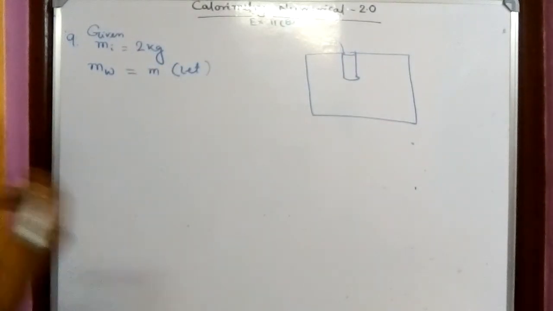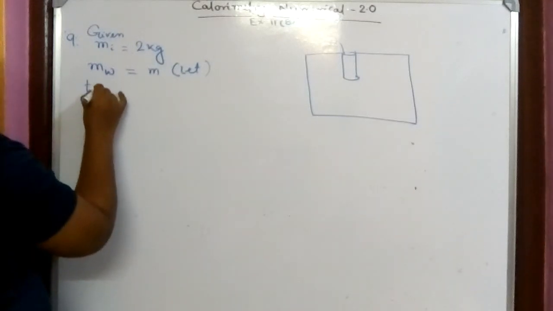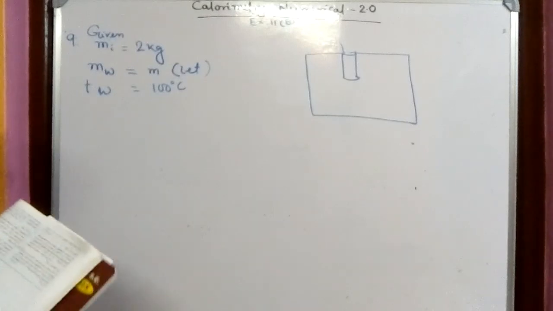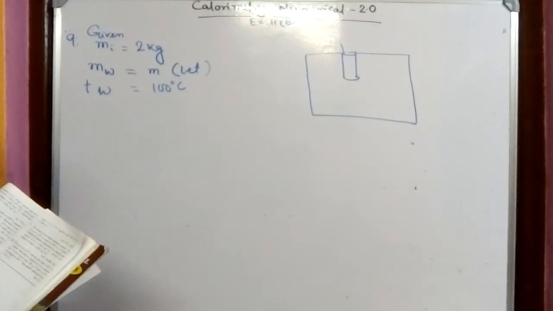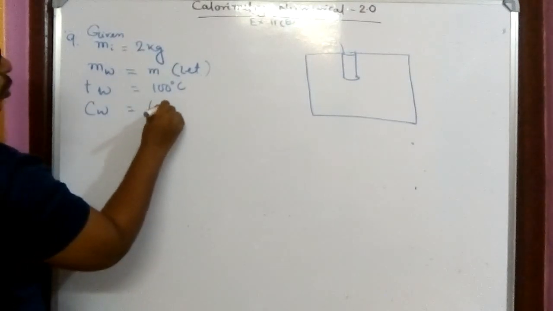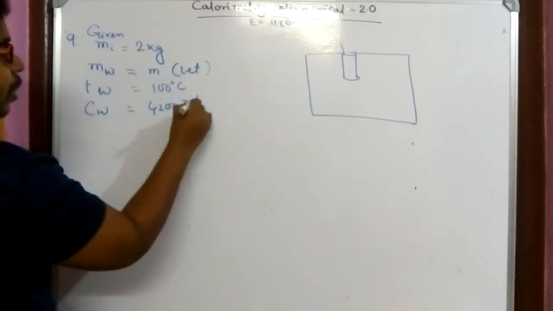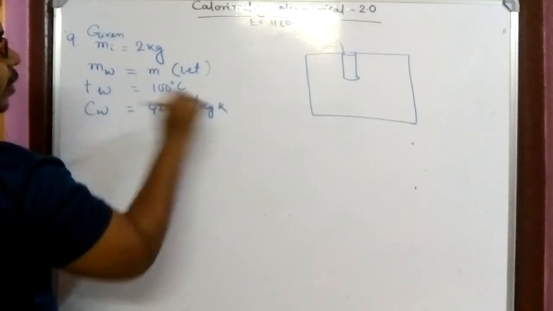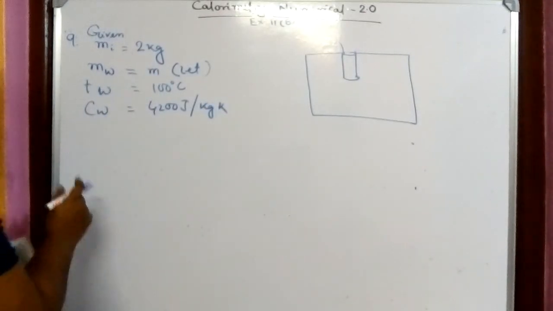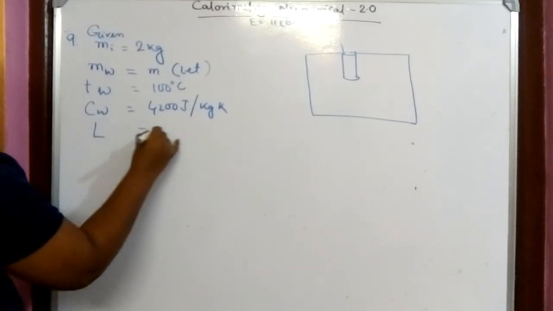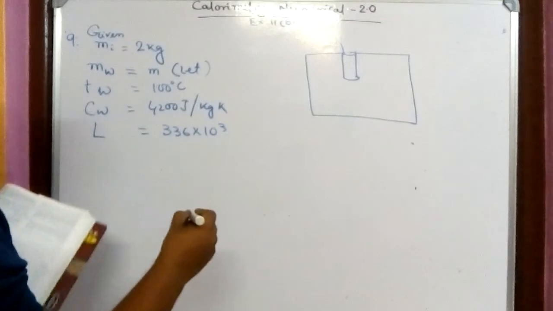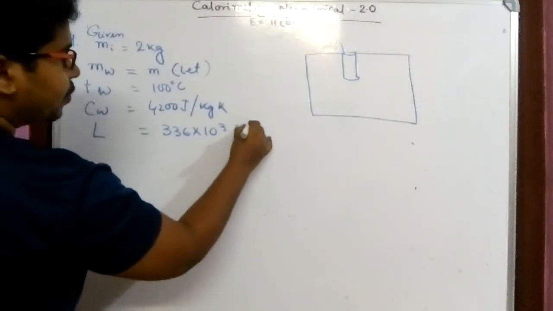Okay, and temperature of water, that is Tw, that is equal to 100 degrees centigrade. Okay, now specific heat capacity of water, Cw, it is given 4200 joule per kg Kelvin, and one more thing is given, that is specific latent heat of ice, that is capital L, that is 336 into 10 to the power 3 joule per kg.